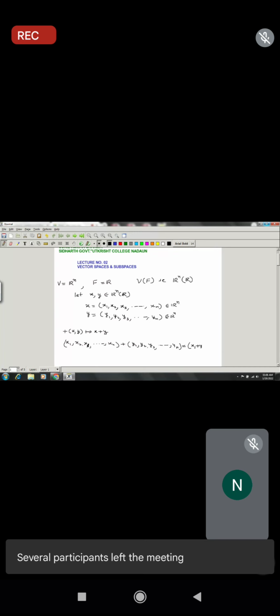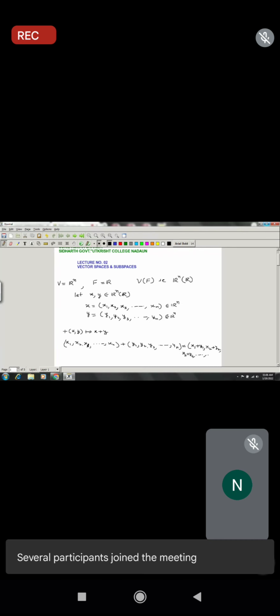we add the first element with the first element of the second vector. So we get x1 plus y1. This is usual addition, right? So x2 plus y2, x3 plus y3, and similarly xn plus yn.